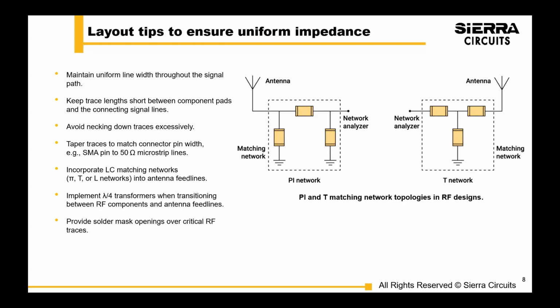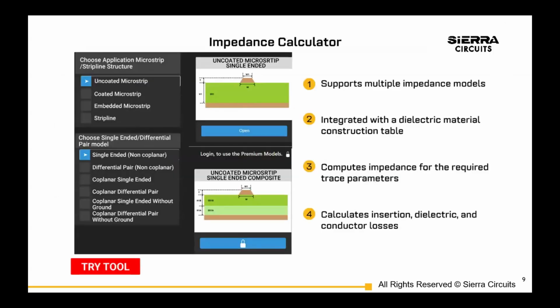At the antenna feed, use quarter wave transformers for impedance transformation between stages. Expose your solder mask over critical RF traces to maintain consistent dielectric behavior. That could be a good solution as well. And I think we're going to do a demo.